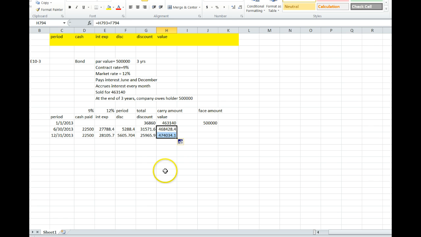At the end of 3 years, on 1/1/2016, we're going to be up to $500,000. The carrying amount is always going to equal our face amount, and our discount or premium is always going to head towards zero. So that's our lesson on bonds. These are pretty tricky things, but good thing you guys are smart.